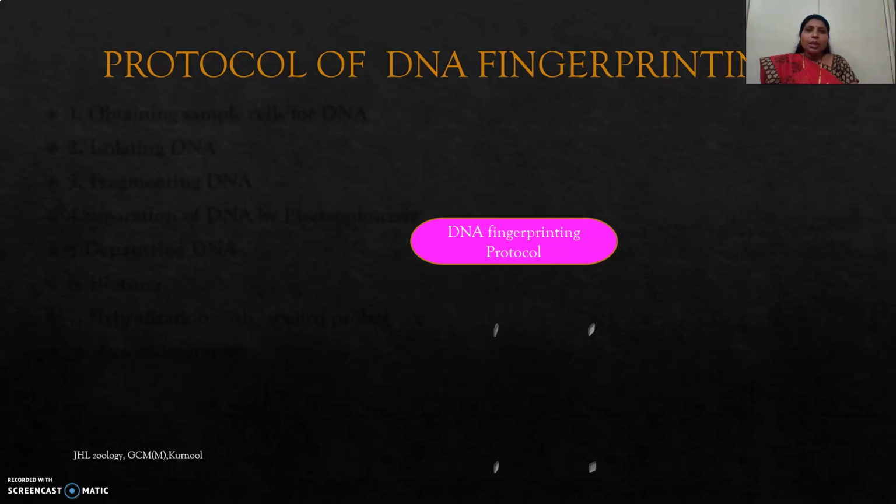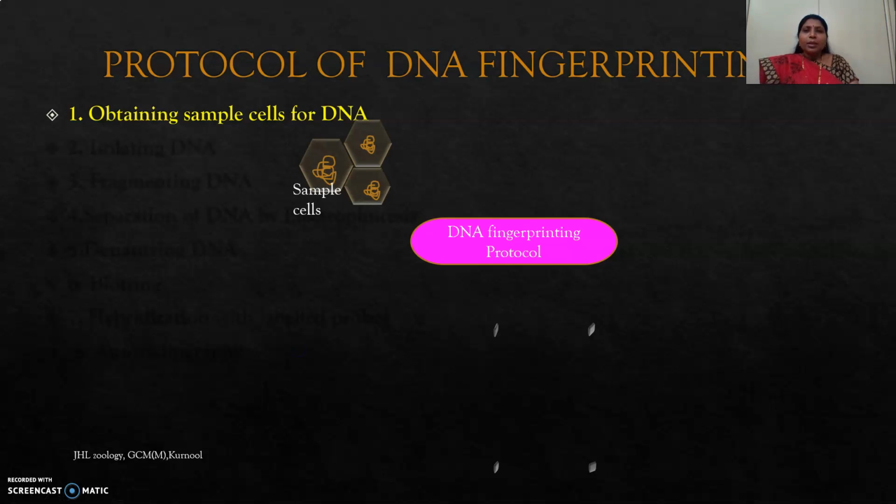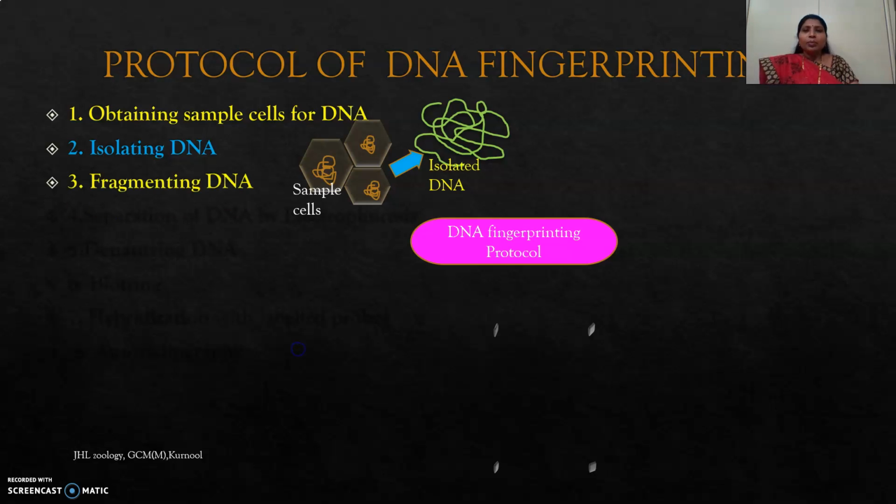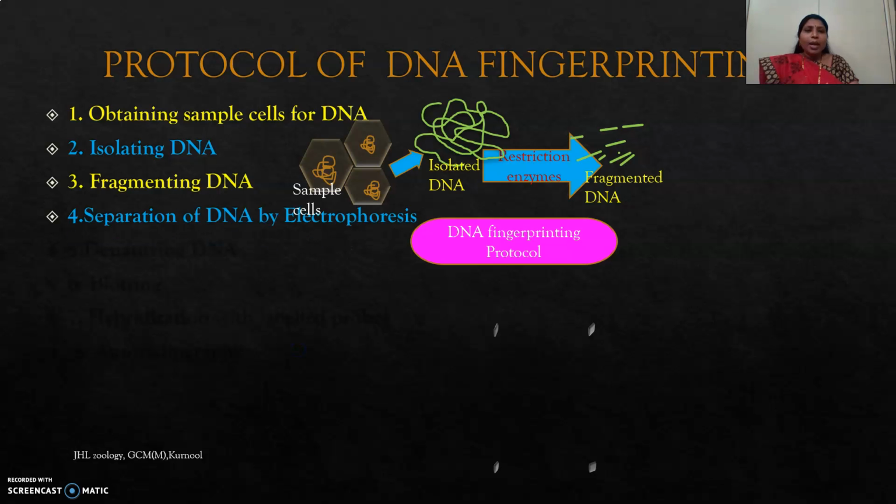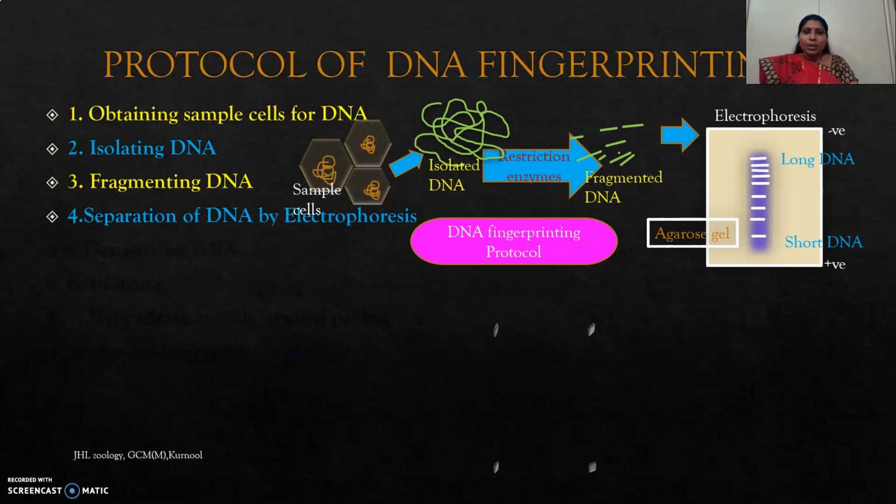Let us now see the protocol of DNA fingerprinting. First, we have to obtain the sample cells for the DNA. Later, the DNA should be isolated from these cells. The next step is fragmenting the DNA. The next is separation of the DNA fragments by gel electrophoresis.